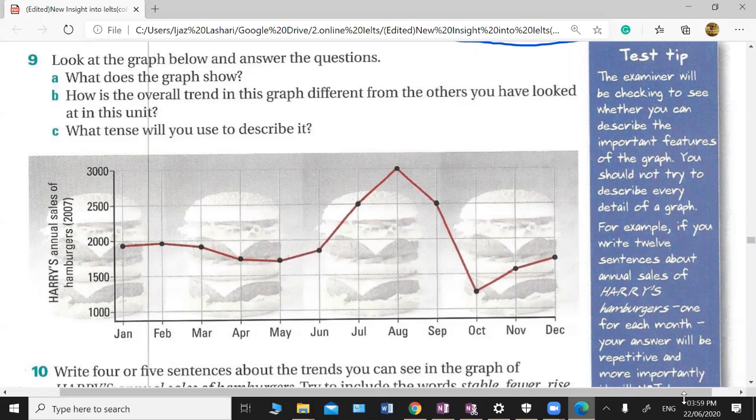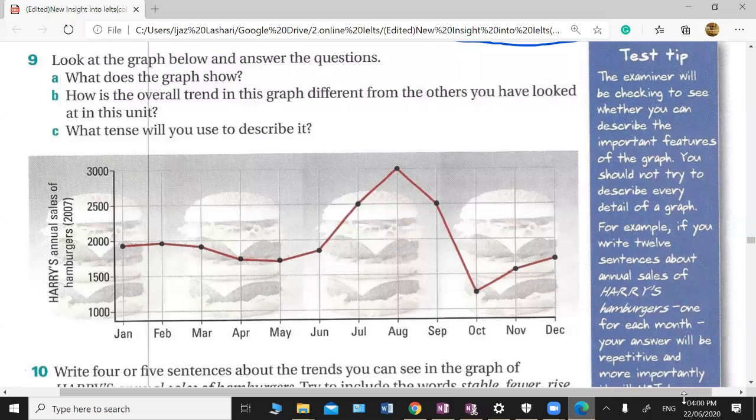Okay. Second one, how is the overall trend in this graph different from others you have looked at in this unit? How is it different from the one we have already studied? Is there any difference? Anyone can answer, you can answer in the chat. How is it different?